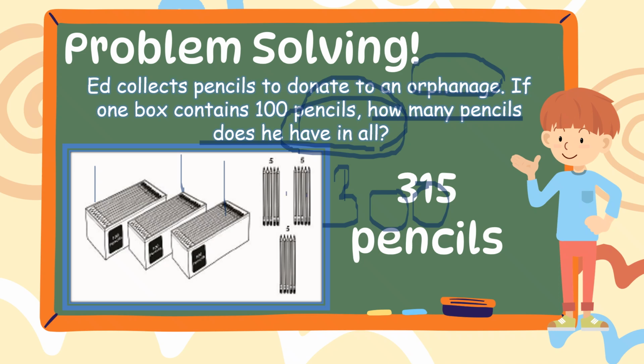And this is 5. So we have there 3 groups of 100s that makes 300, plus 3 groups of 5, that makes it 15. So all in all, we have 315 pencils.